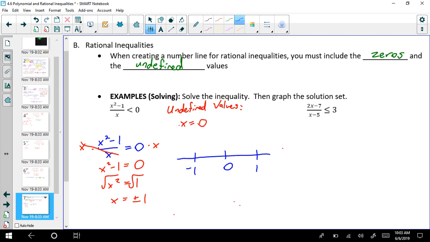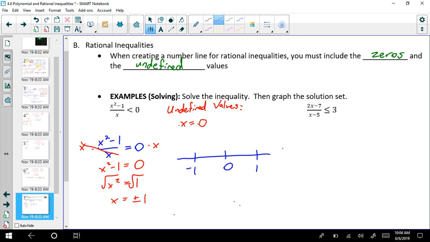The only difference with rational inequalities, you have to also include the undefined values on your number line. Why? Well, the undefined values are going to make vertical asymptotes. And like we saw on the previous section with graphing, the graph could change what it does on either side of the vertical asymptote.